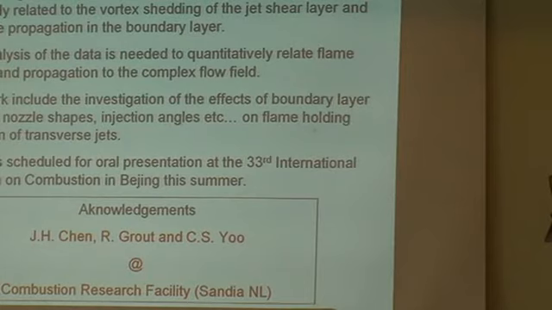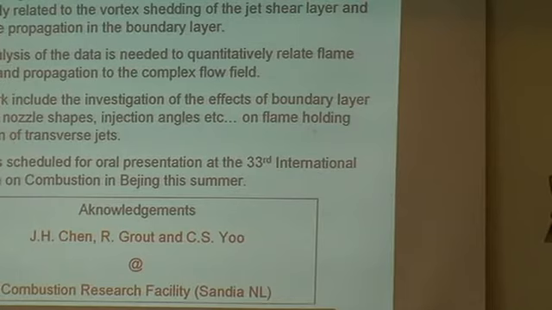The stronger the jet is, the more it acts like a bluff body and creates the recirculation zone. But then when you increase the velocity further, the flame gets more and more stable. Finally, you get the other limit when the flame is blown off, and there is not enough residence time for the flame to be there. So you have these two limits.